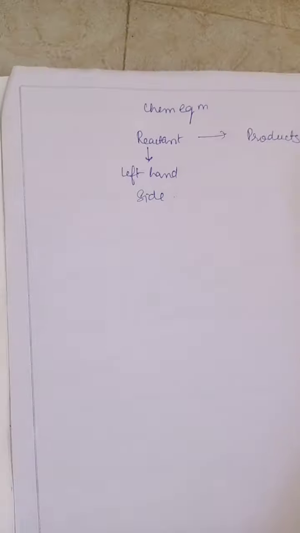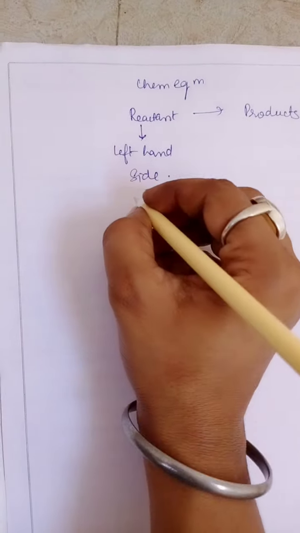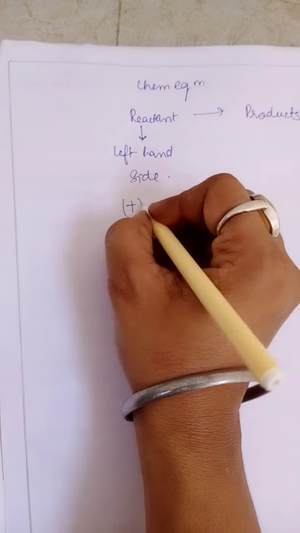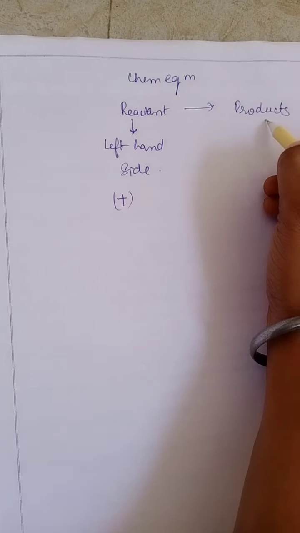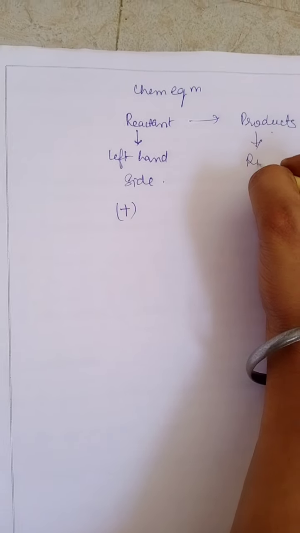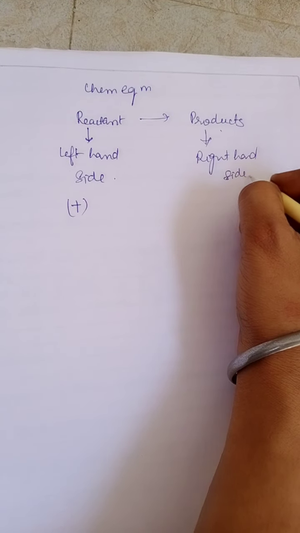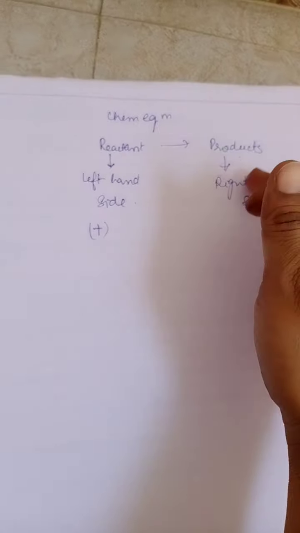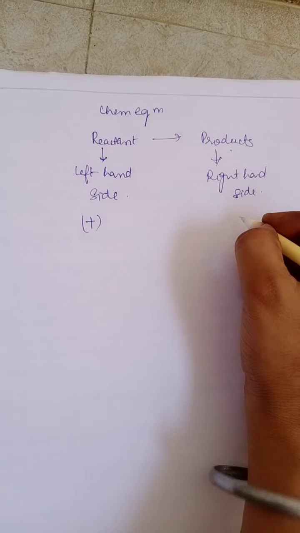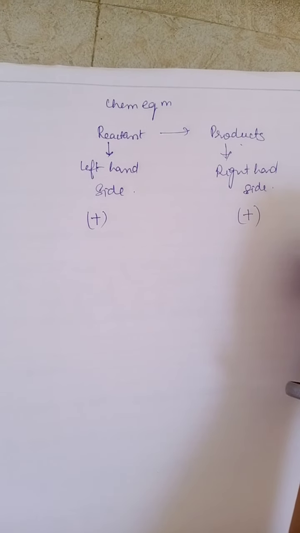There may be one reactant or more than one reactant, then we will separate them with the plus sign. Products are always written on the right hand side. If there are two or more products formed, then again they are represented with the plus sign.